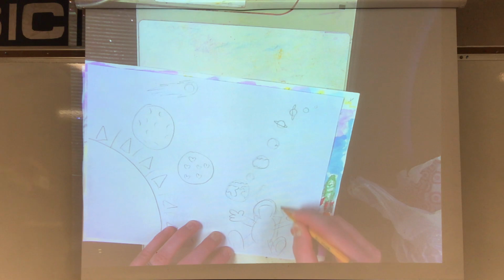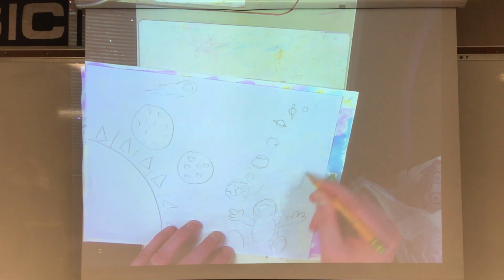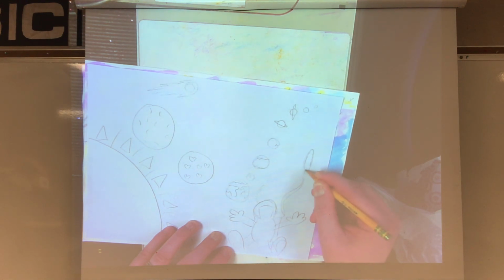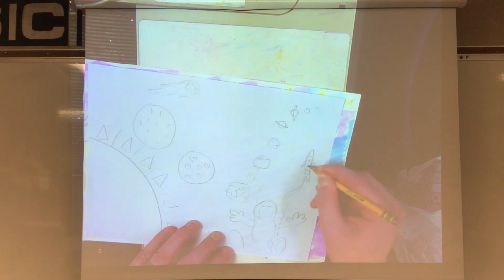And then he's going to be attached to the rocket, which is further back. And it's creating space. So I'm going to draw an oval for the rocket. Little like rectangle for the engine, and there's my rocket.